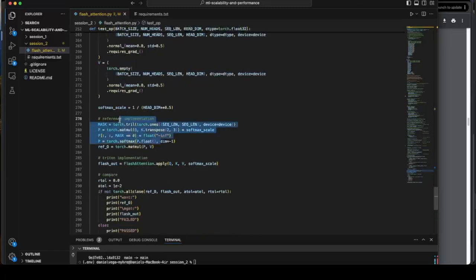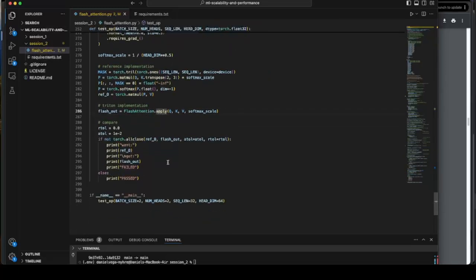But this simple unit test, with just a reference implementation using a few torch primitives and then comparing it to my Triton implementation here, passes with this torch allclose for this particular input size. One thing I noticed is that if I increase this to very large input sizes, this starts failing, and I believe this is just because of floating point divergence that occurs.